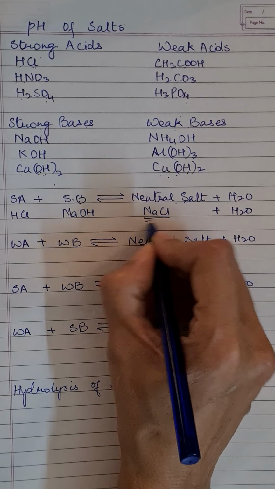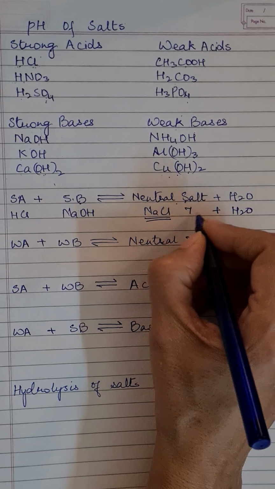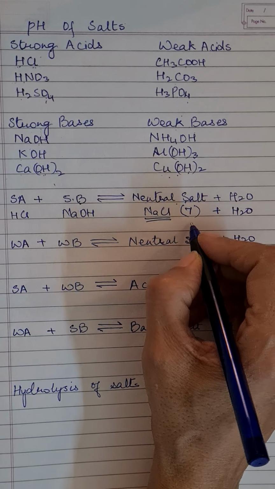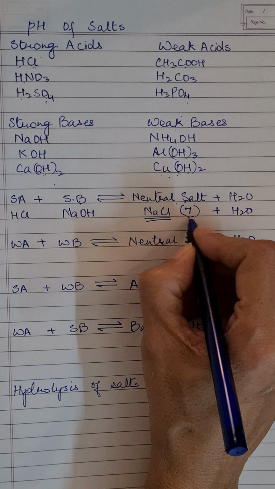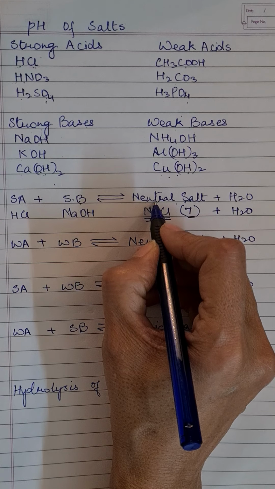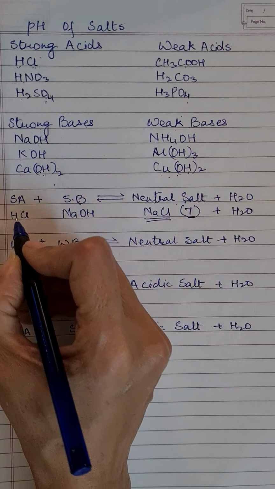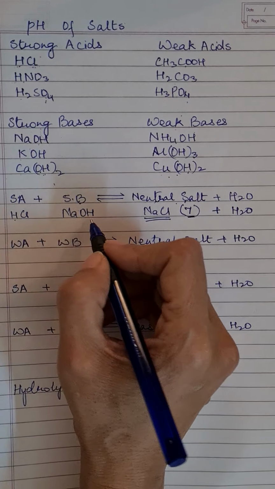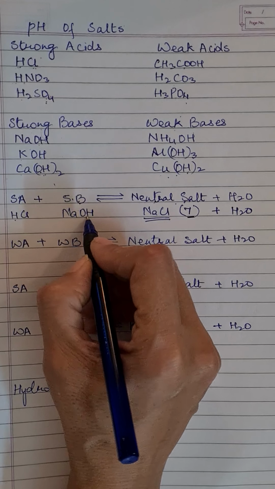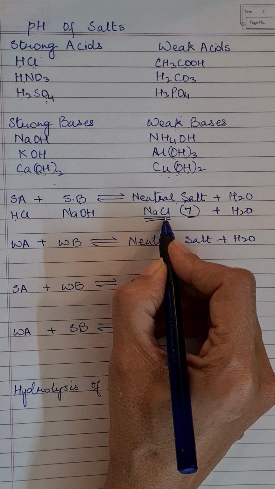Here this salt NaCl has a pH value of 7, and it falls in the neutral range of the pH. A strong acid, when it combines with a strong base, gives rise to a neutral salt.